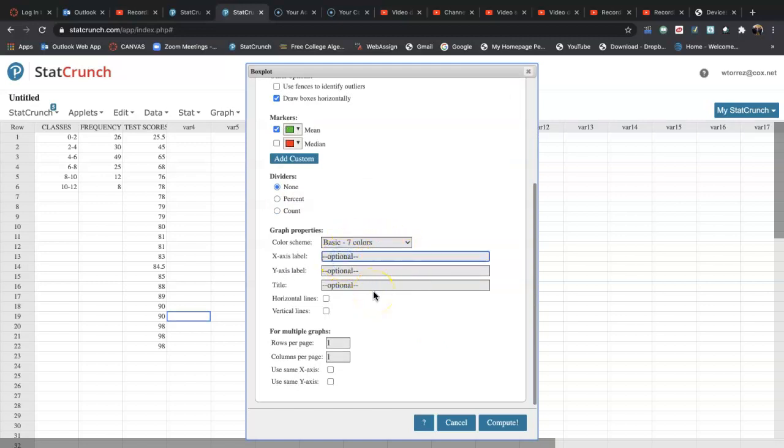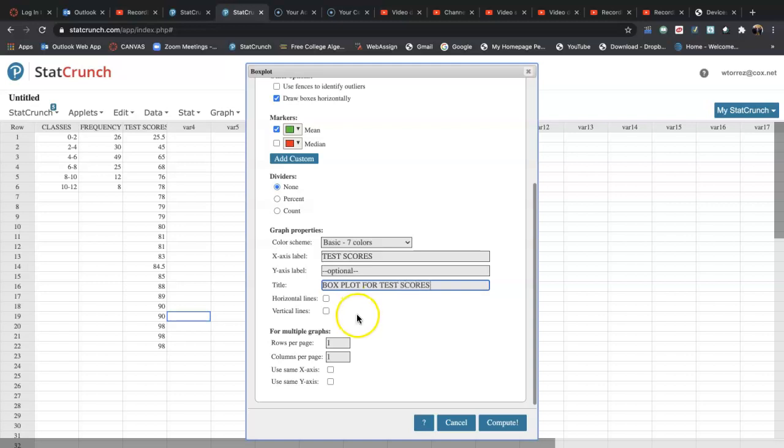We'll label the x-axis test scores, and really the y-axis label is not part of this graph here. There's really no y-axis mathematically. And then I'll title this box plot for test scores.